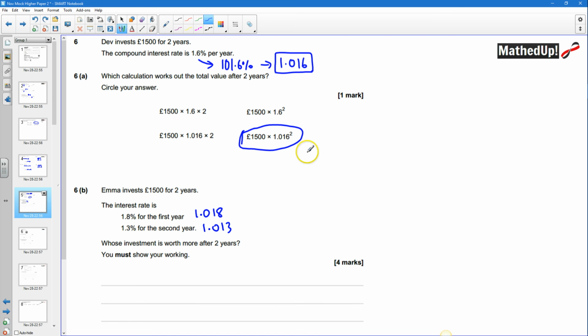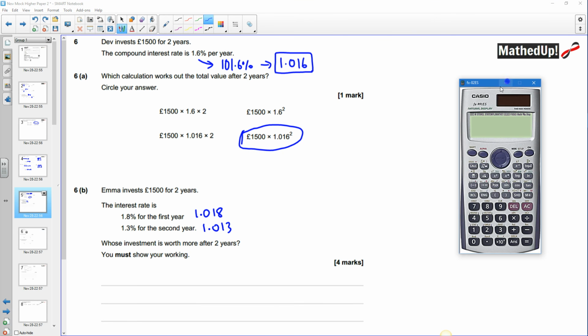Okay, so I need to calculate this here first. Okay, so that's going to be 1,500 times by 1.016 squared. And that gives me £1,548.38.